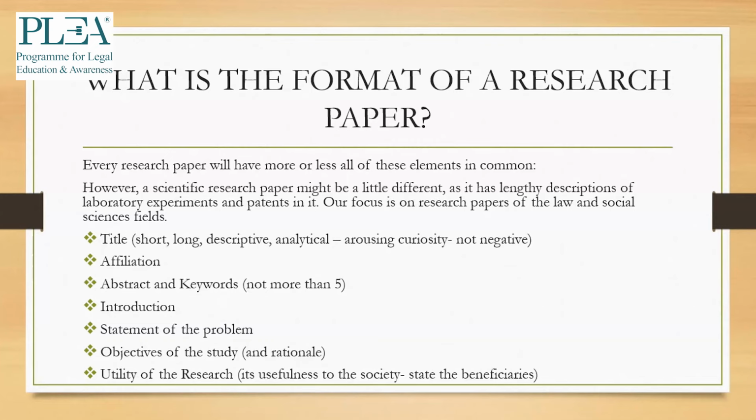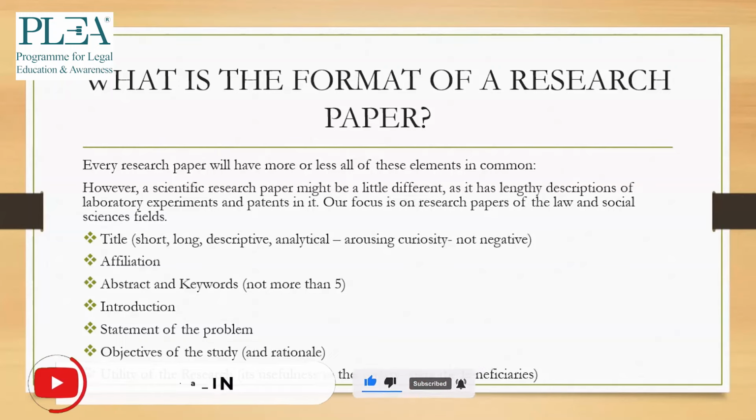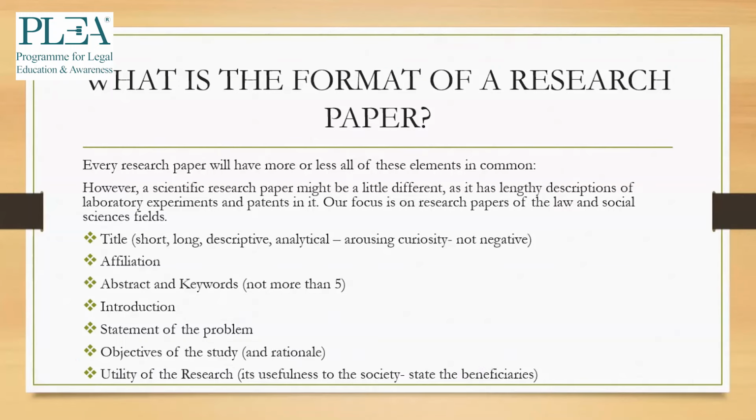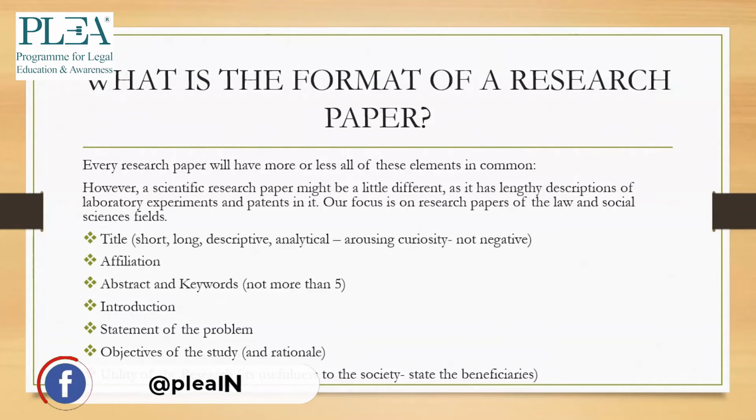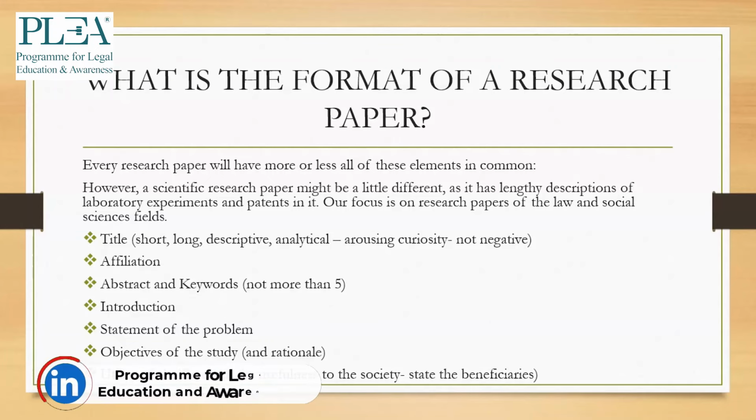Suppose you're working on a research project which is about medical negligence. So who are the beneficiaries? Who is going to benefit from your research? The patients as consumers, patients who have been victims of medical negligence in the past. So you can try to structure your introduction in such a way that people would want to know the utility of your research, how useful it is.